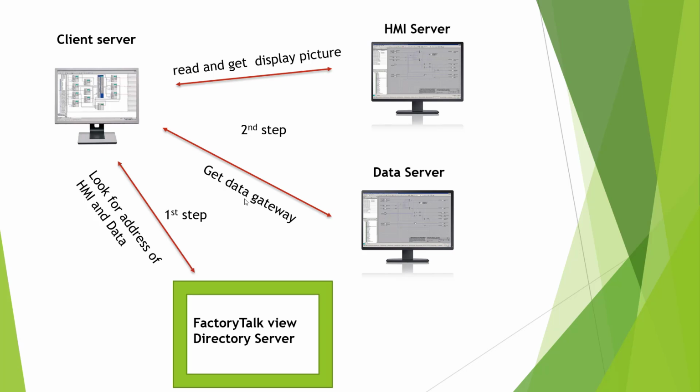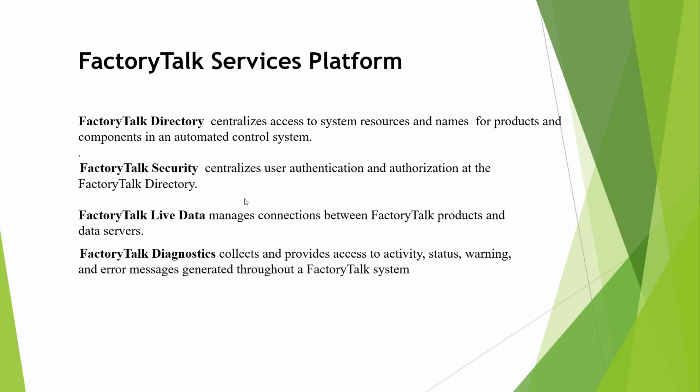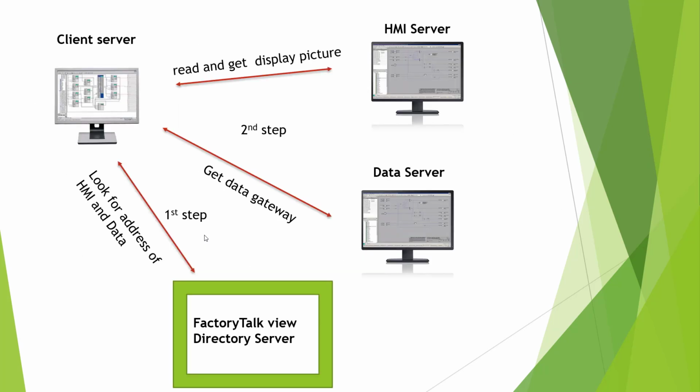Network station means that the FactoryTalk Directory, the data server, and the client are located on different computers. That's called a network station. For example, this one is a network station. It has two steps. First step, the client looks for the directory service, looking for the address of the HMI and data from the FactoryTalk View directory service.